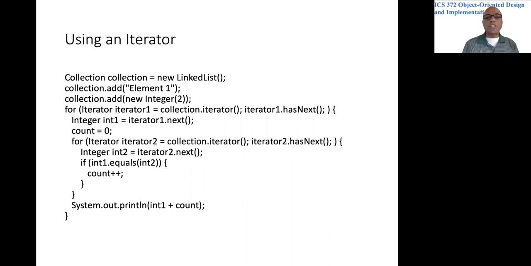For each element that I get through iterator1, I am going through all the elements using iterator2. Nothing very deep is going on except the message that there can be multiple iterators open at the same time, and they can be looking at different parts of the collection.